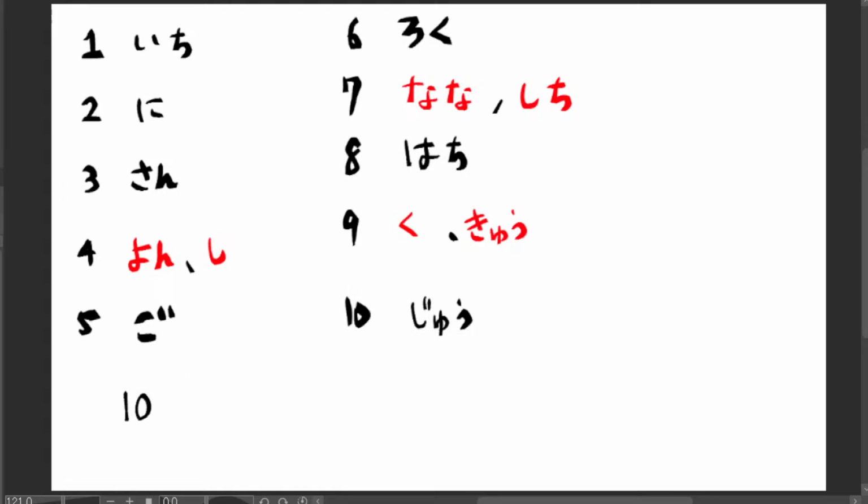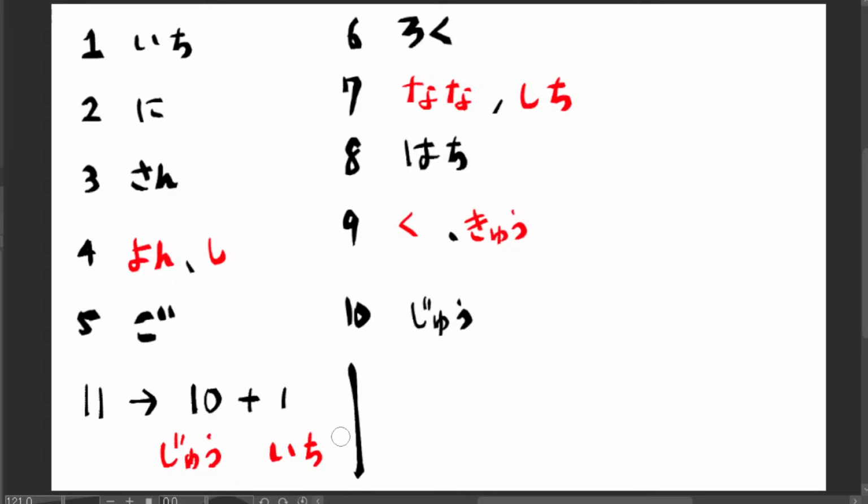For example, 11: how you pronounce it, you just put 10 and you plus 1 to it. So for 11, you add 10, which is ju, and you add 1, which is ichi. So 11 is juuichi.